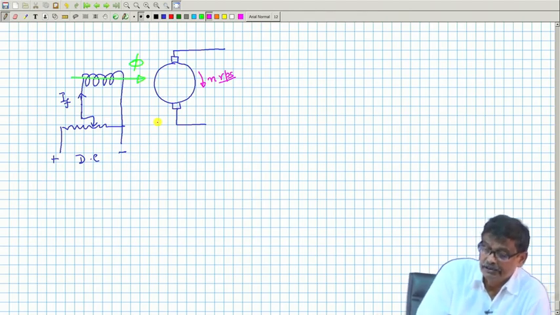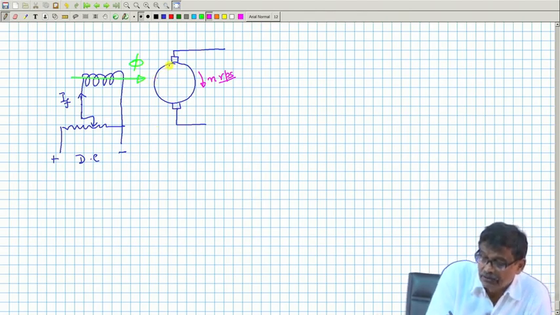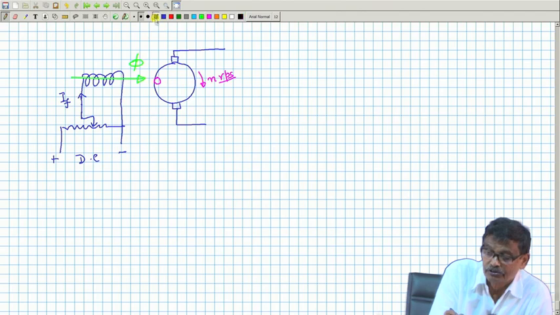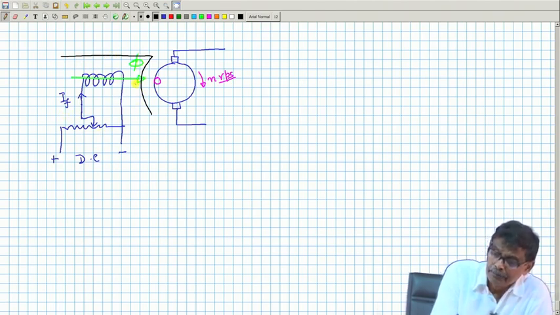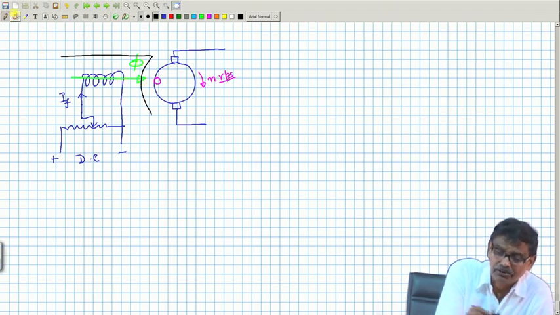But what is possible is, there are conductors here. I am drawing a representative conductor, and this pole is what? If I show the poles also to complicate the matter, this is suppose the pole over which this field winding is wound. It is not correct to draw like this, but this side flux is entering the conductor, better I will not show like that, it will only create confusion.